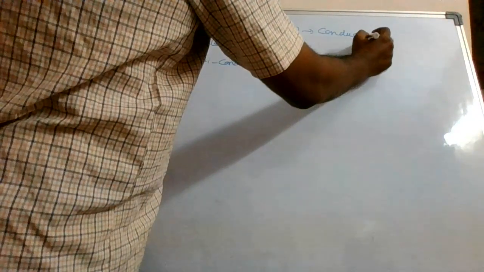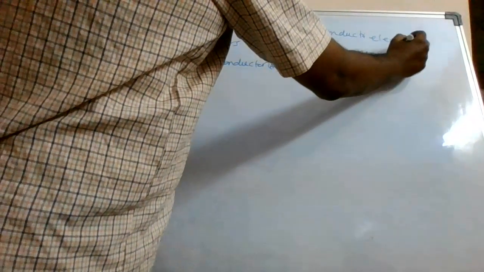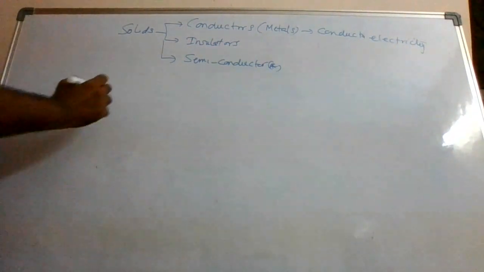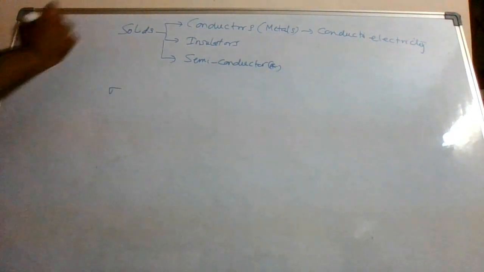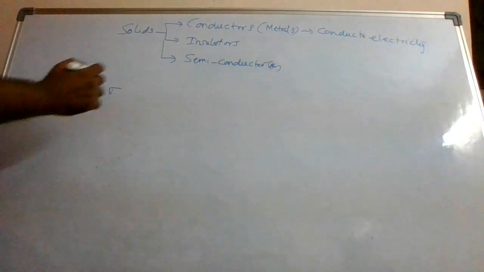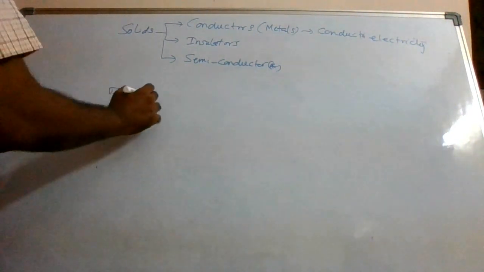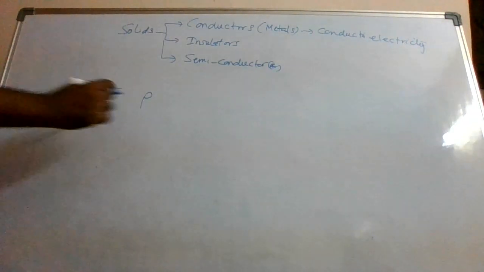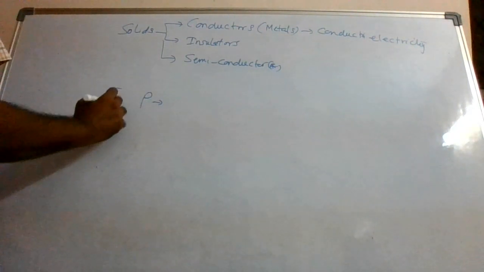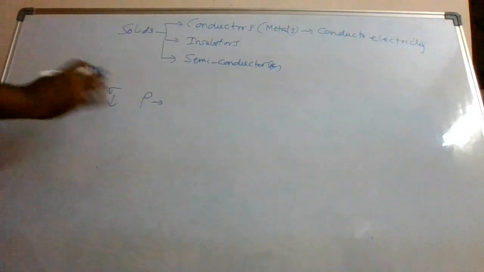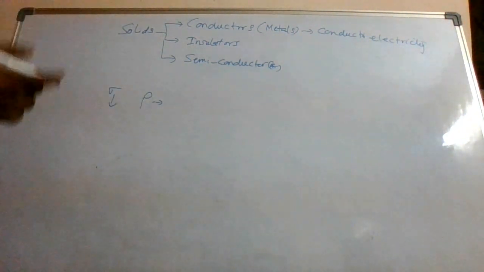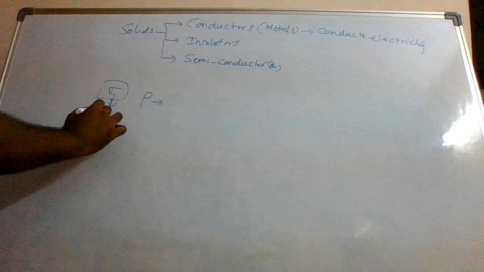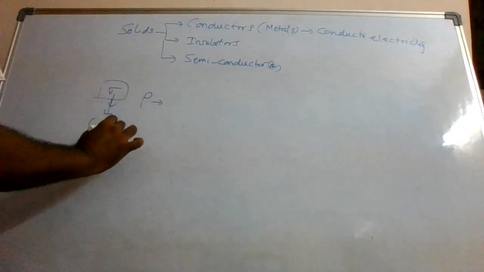They always conduct electricity, okay. So you have the conductivity coefficient, and you have resistivity. This is the resistivity quotient, this is the conductivity. We know the interrelationship between these two. How much a metal can conduct is told by its conductivity.